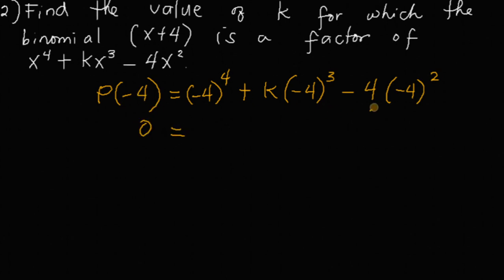Pag sinolve natin ito, itong nasa right side is equal to 0 kasi x plus 4 nga is a factor. So, we can replace that by 0. And then solve. Now, negative 4 raised to 4 is equal to 256. Then negative 4 raised to 3, that's negative 64. So, we have here negative 64k. Tama?